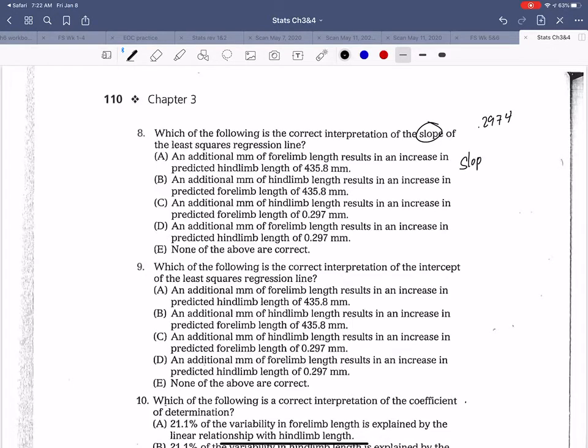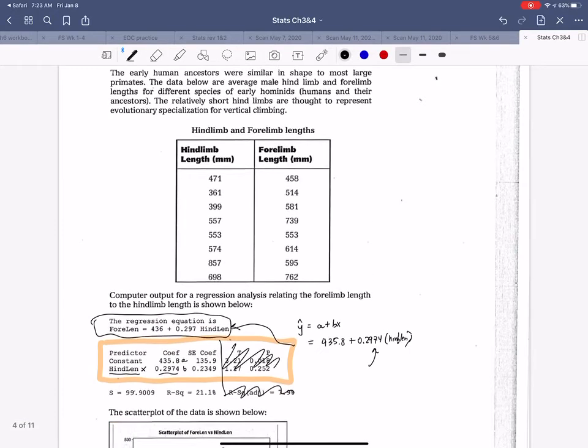And what is slope? It's the change in y over the change in x. So whatever y is, it's 0.2974 of y over whenever I change one of the x. So let's just look again. What's x and what's y?